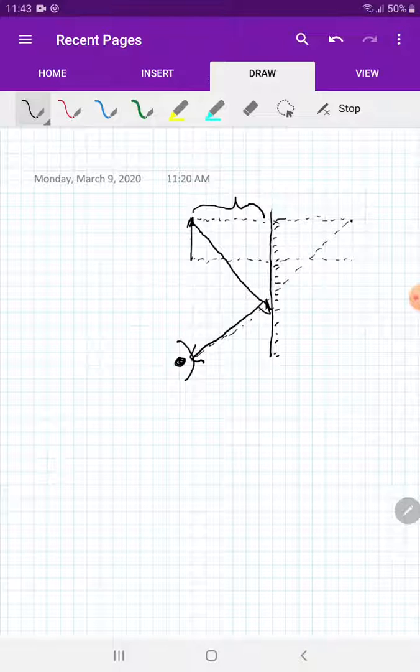We can do exactly the same for the arrow, and we get a line that goes more or less to the eye. Ray is coming out, and we have here our incident ray. It looks a little bit fluffy, but what we see here is that the eye sees the arrow behind the mirror.